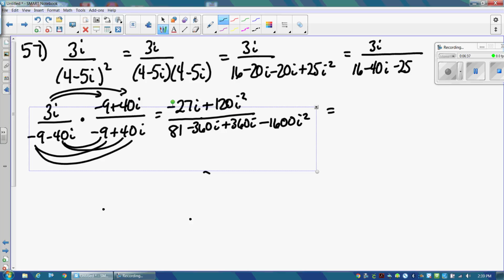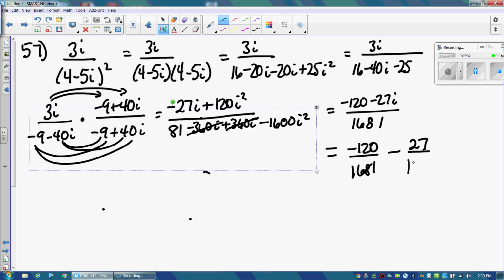So the top, 120i squared is negative 120 minus 27i, and the bottom, this cancels out, is 81 plus 1600, so 1681. So if I write it in standard form, it's negative 120 over 1681 minus 27 over 1681i.